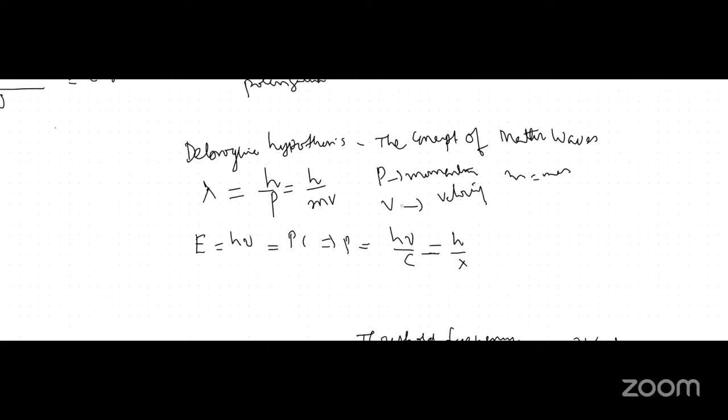Then after this, another experiment was performed by Thomson and Reid. They performed it a year after Davisson and Germer performed their experiment on electron beams.